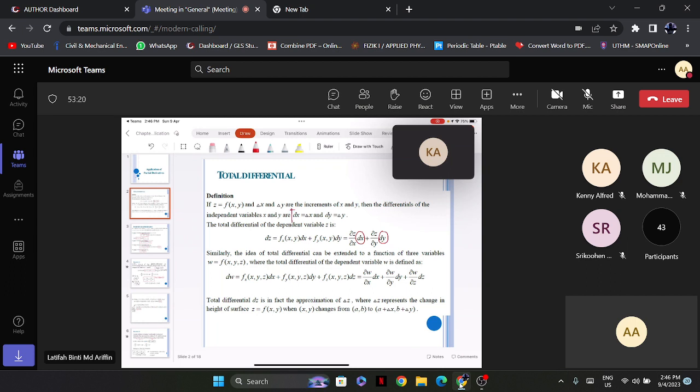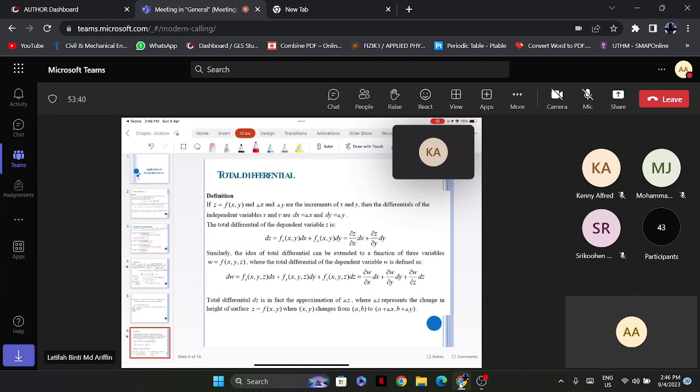Dia gunakan simbol delta x, dx is equals to delta x and dy equals to delta y. Kenapa dia gunakan delta tu, yang segitiga tu, kita sebut sebagai delta, dia adalah satu perubahan yang sangat kecil lah.